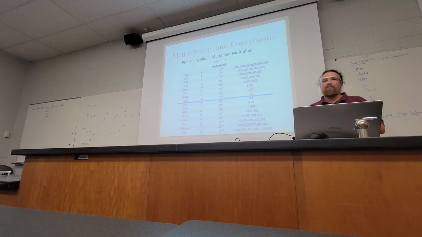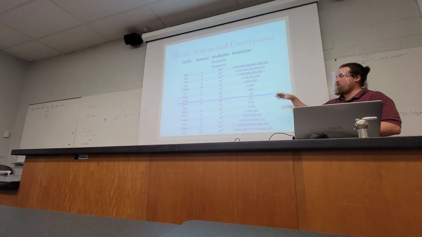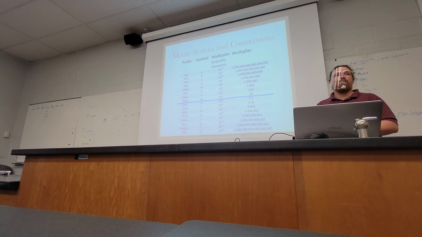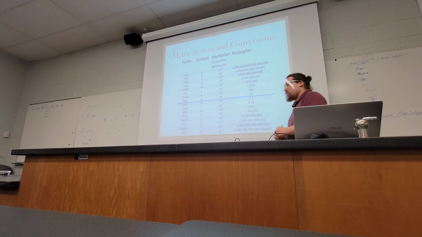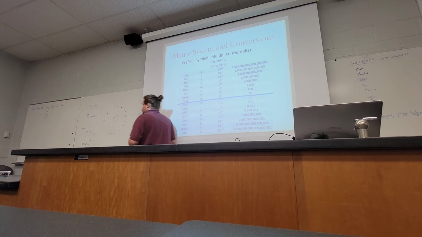Neither can most people. So we use the metric system because all of the conversions between different size units are base 10. Has anyone not used the metric system before? Okay, good. So this should just be review.